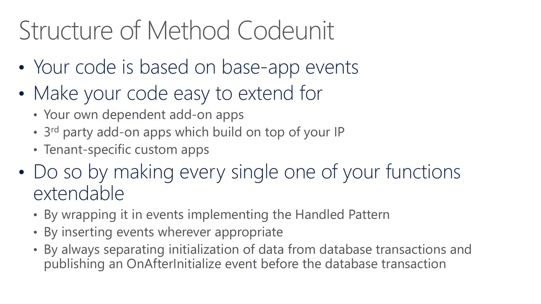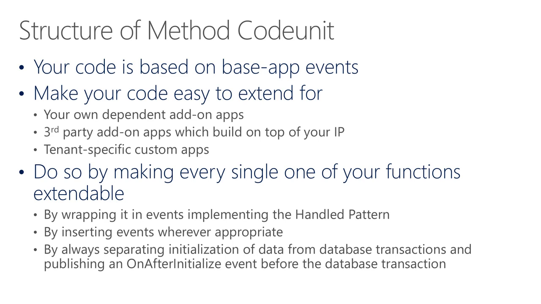After we have clarified the principles that govern a structured development which places each piece of functional code inside one encapsulated code unit, let us now take a closer look at the internal structure of this method code unit. In general, your code is based on system events or integration events published by the Microsoft Base app, which make its code extendable for you.